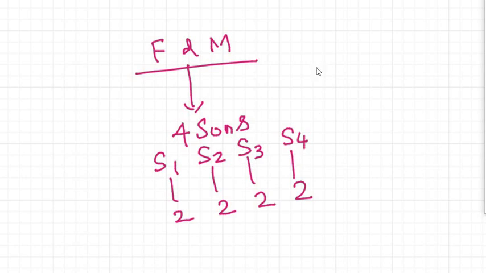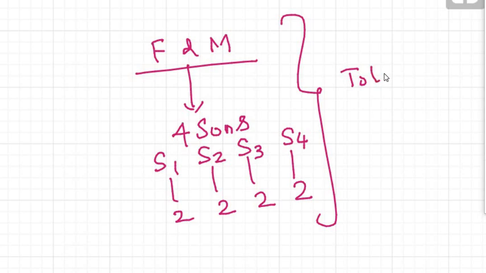How many total members in the family? Tell me the answer. A family has father and mother, they have 4 sons, and each son has 2 sisters. So totally how many members in the family, including father and mother?